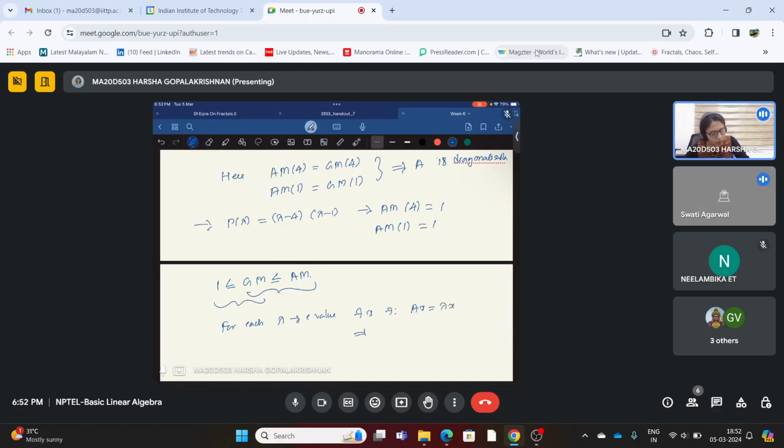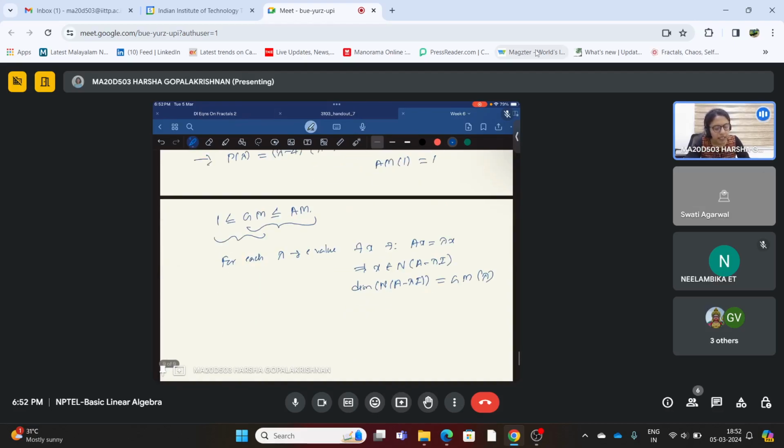That implies this x belongs to the null space of A minus lambda I, and the dimension of the null space of A minus lambda I is the geometric multiplicity of lambda. Correct? So it should be at least 1, because at least one non-zero x belongs to the null space of A minus lambda I. So that is the one here, geometric multiplicity greater than or equal to 1.